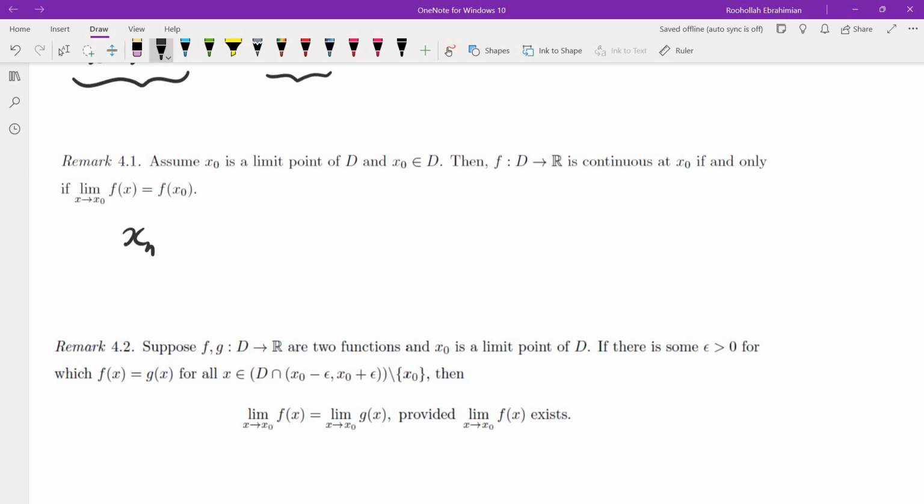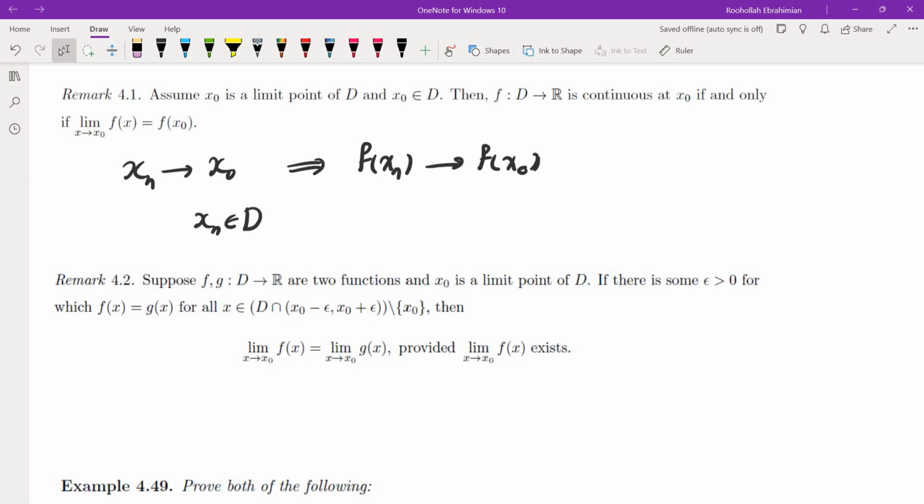What does the definition of continuity tell us? It tells us xn approaches x naught implies f of xn approaches f of x naught, and that's nearly identical to the definition of limit. The only difference is here xn is in D, for the other one xn is in D minus x naught. But if xn is equal to x naught, then f of xn would be equal to f of x naught. So that is not going to cause any issues. That's pretty easy to check.